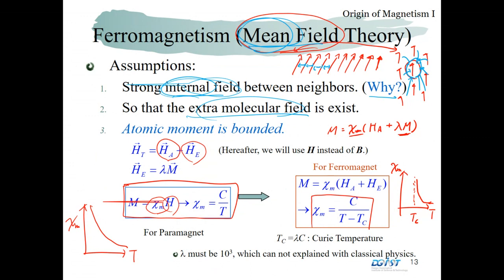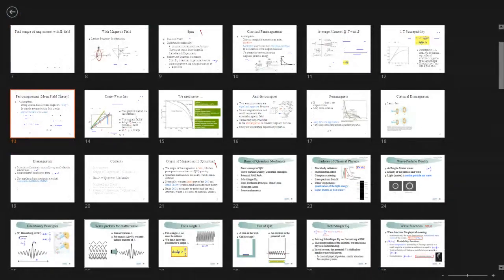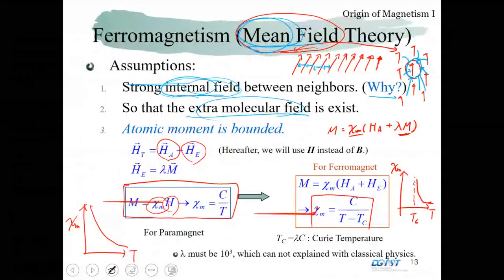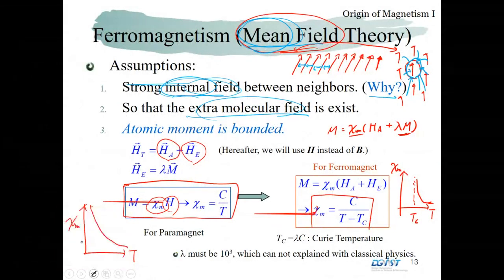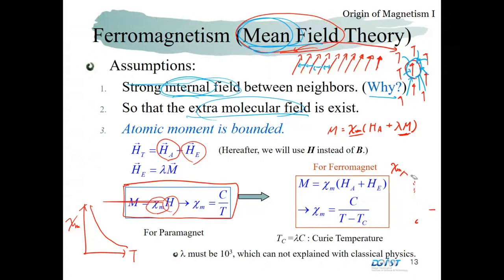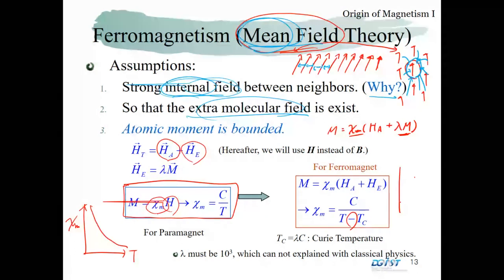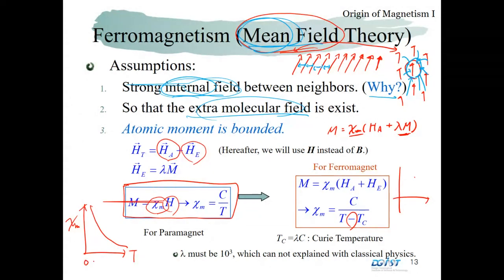Okay. So the question is, why is there a minus sign here? That means, as I explained, if you have a paramagnet here, this is 0. If we have a minus sign here, this axis is shifted like this, and this is Tc.